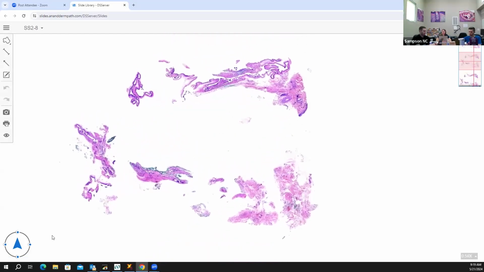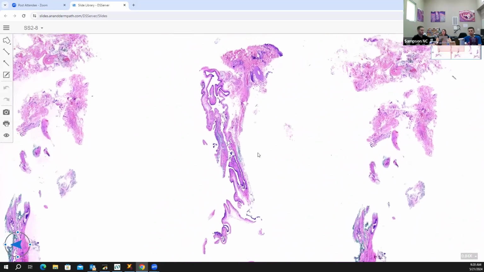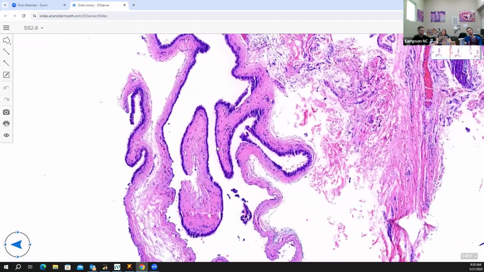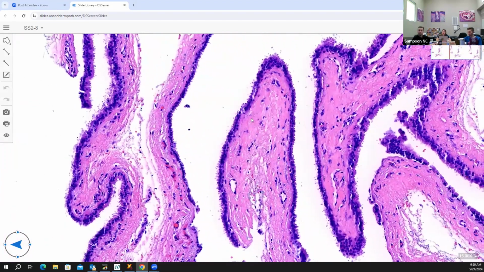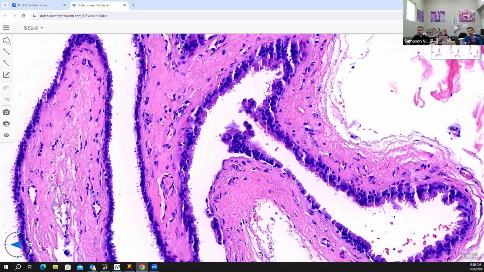So it looks like we have some fragmented pieces here, some type of cyst. So we need to look at what the lining is. It looks very thin. It looks like there's some apocrine secretion there.